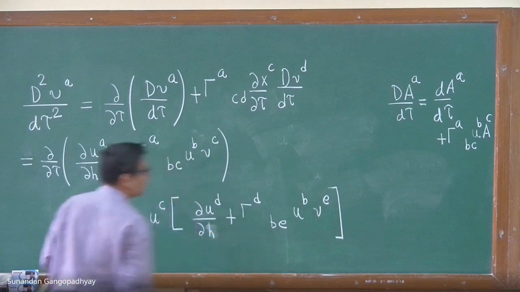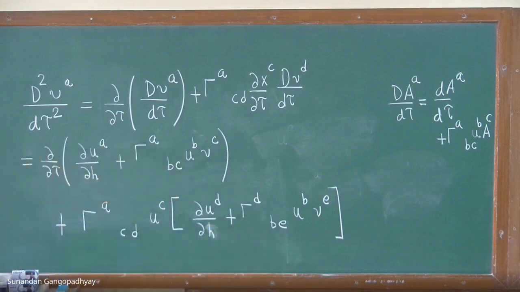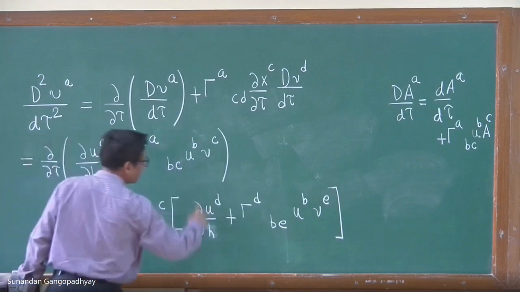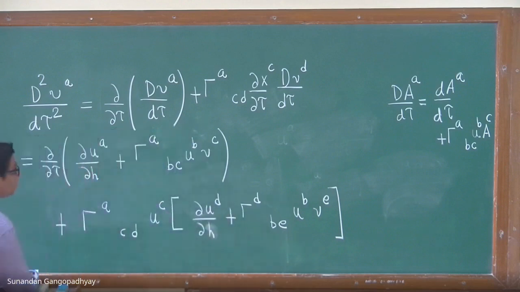Thank you. It's BH. So let me just check once more this equation: del tau derivative del h plus gamma^A_BC U^B, gamma^A_CD U^C U^D. So this looks absolutely fine. So we just need to simplify this expression and nothing more.